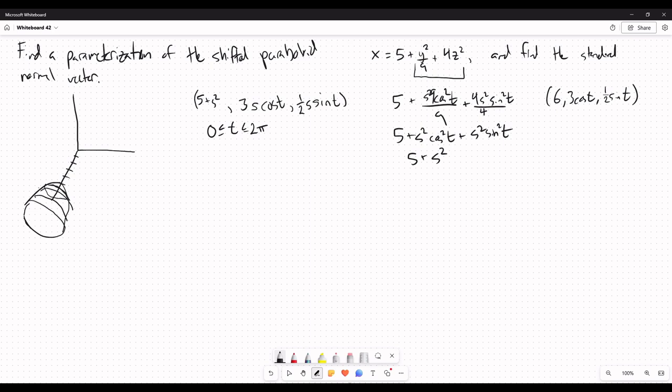But if we said maybe something like from x equals 5 to 10, well, then we'd see that we need 5 to be less than or equal to 5 plus s squared, which is less than or equal to 10, which you can play around with and see that s needs to be between 0 and the square root of 5. So I didn't ask you that, but if I had, that's how you would deal with that.